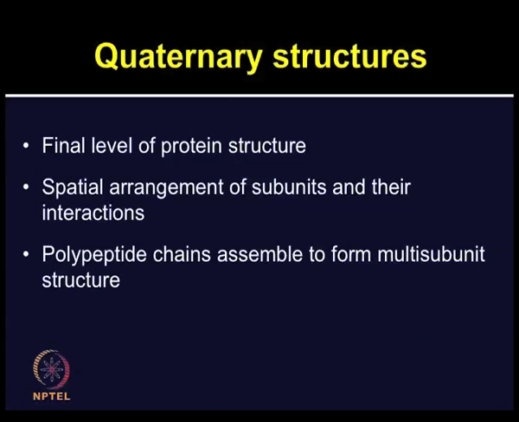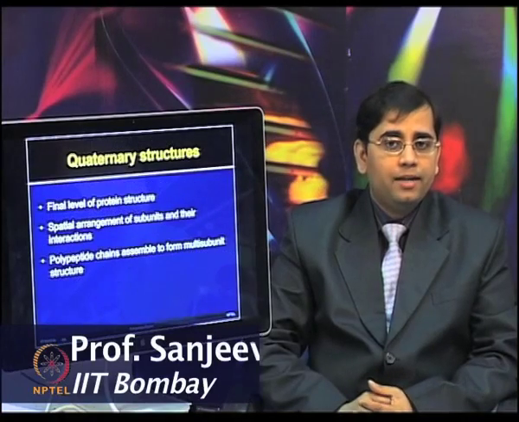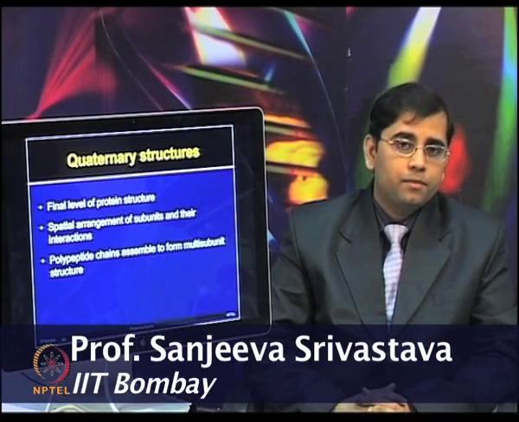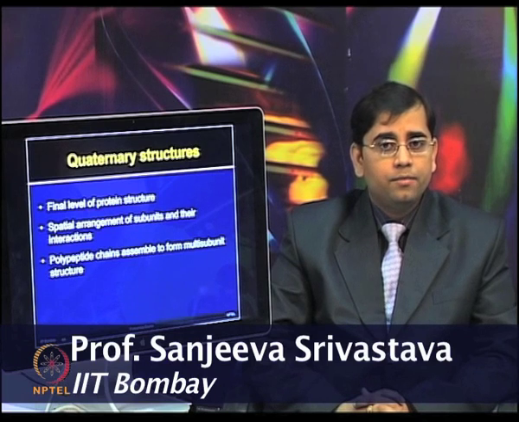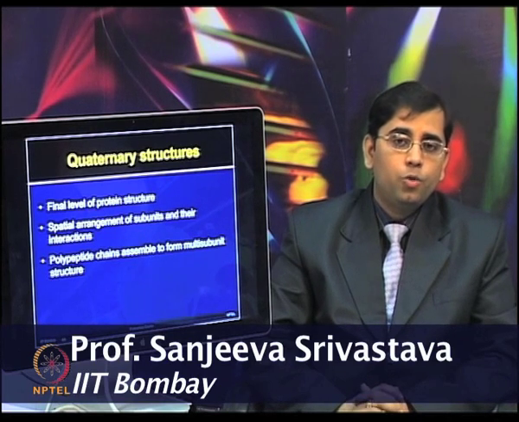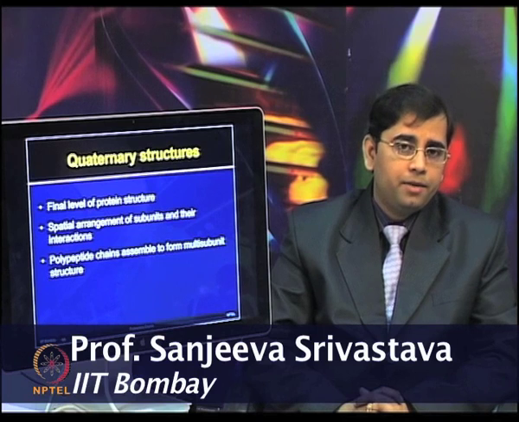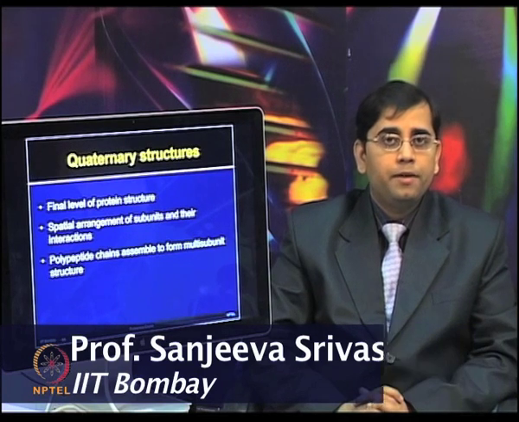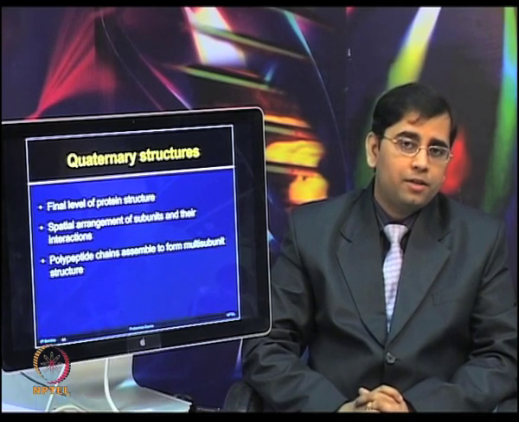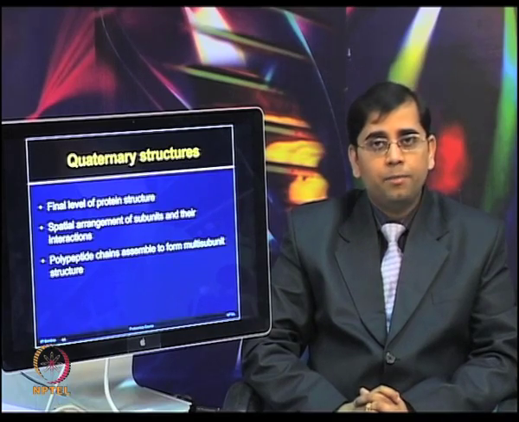The polypeptide chains assemble to form a multi-subunit structure, and each polypeptide chain is known as a subunit. Examples include the DNA binding Cro protein of bacteriophage lambda, which represents the simplest quaternary structure. Then we have the classical example of hemoglobin.